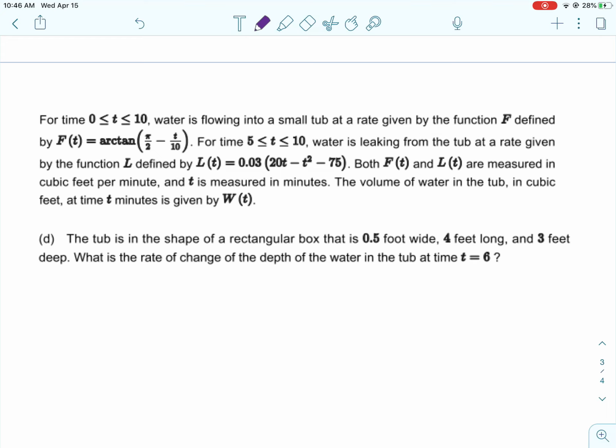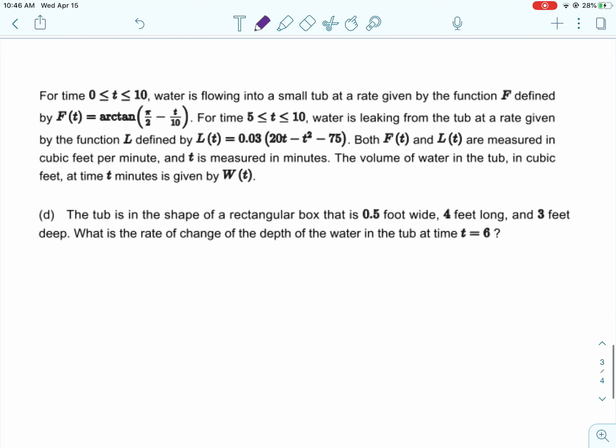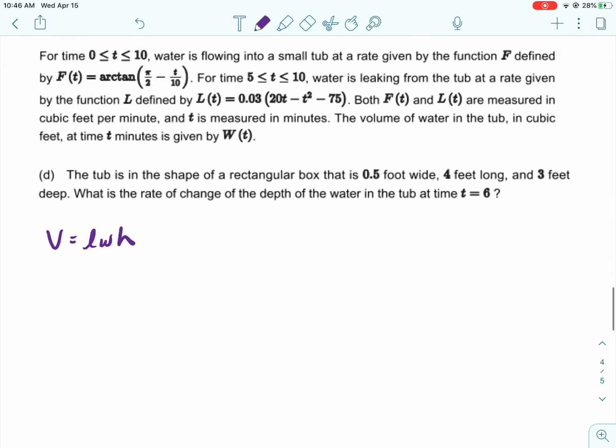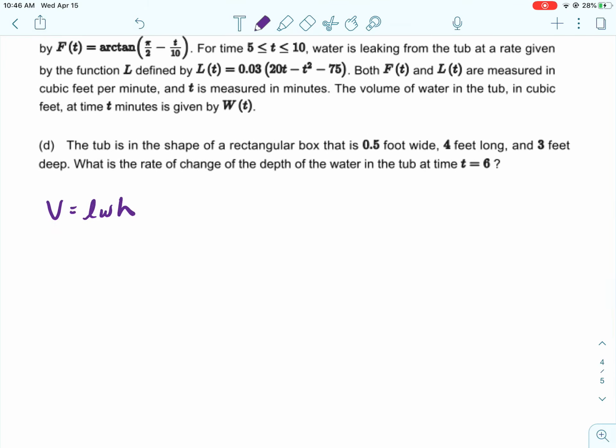Okay, so what we know is the rate of change of the volume, because this formula w prime is the rate of change of the volume. And so we'll have to plug some stuff in. So for our formula, we're going to use the volume of a rectangular box or a rectangular prism.